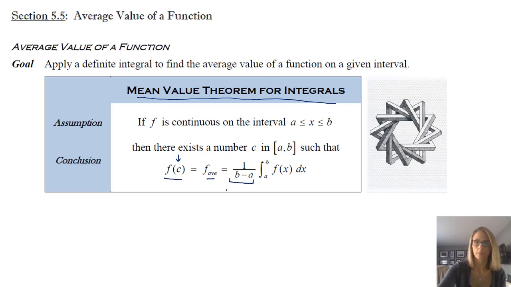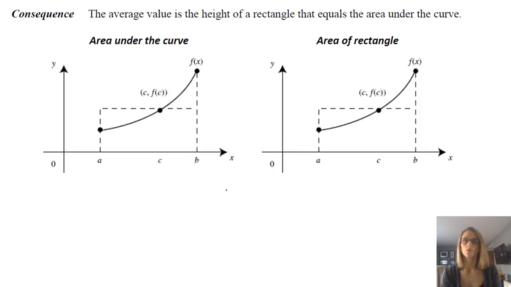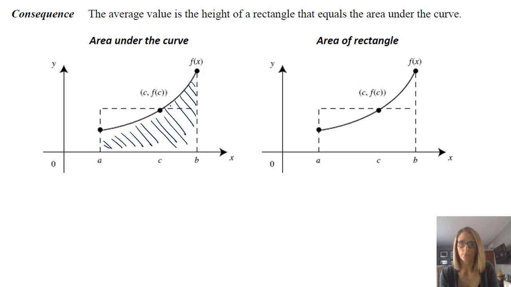So let's look at it graphically. This is visually what it is, which is kind of interesting. It's the height of the rectangle that equals the area under the curve. So that's actually kind of a cool thing here. You have your area under the curve, which is all of this area under the curve.